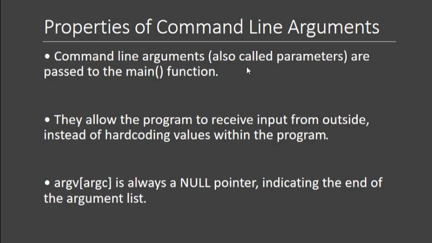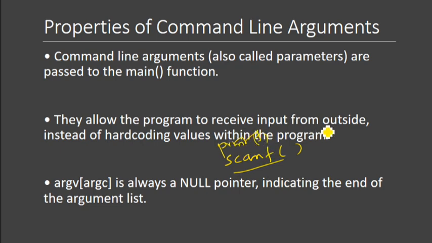Okay, command line arguments, also called parameters, are passed to the main function. They allow the program to receive input from outside instead of hard coding values within the program. I'm not going to give any values during execution by using scanf and printf.